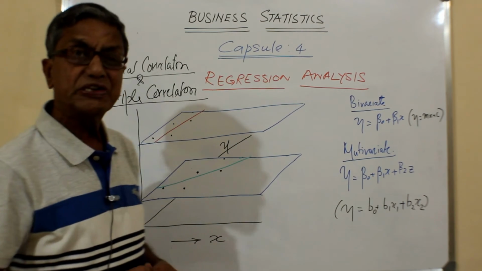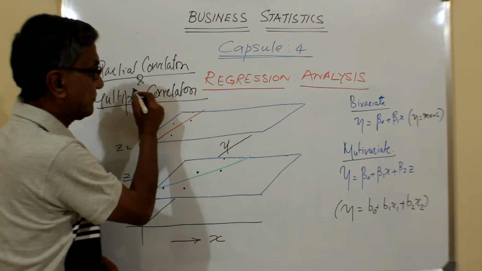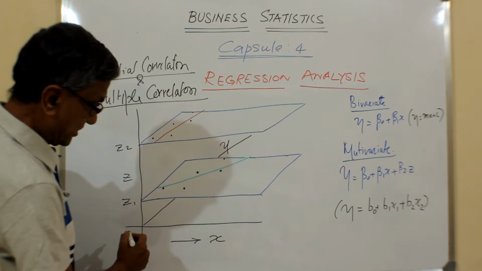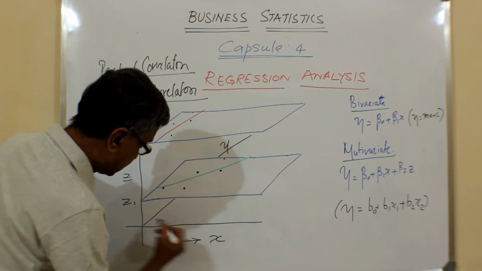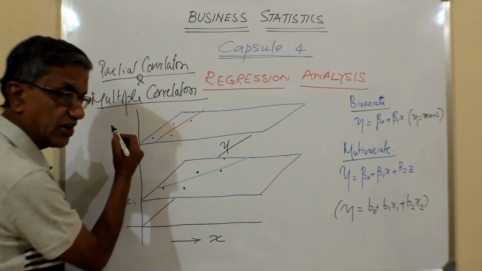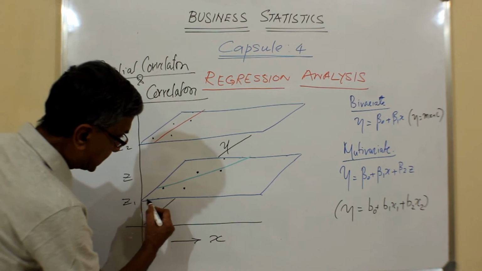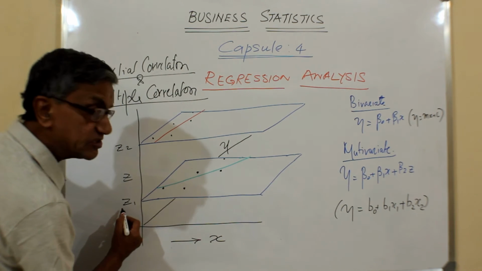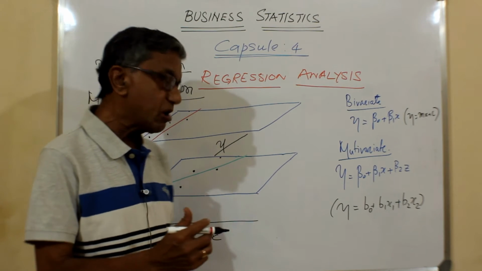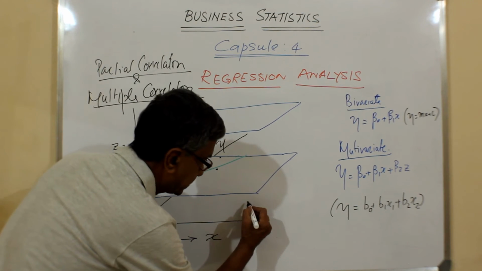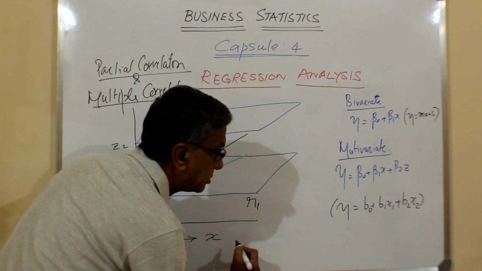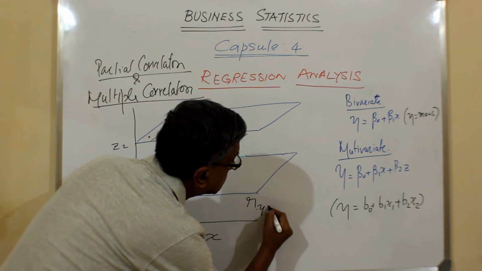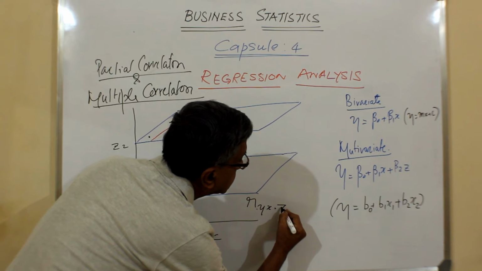How we represent the partial correlation coefficient when three variables are there is that you consider this as the x-axis, this as the y-axis and this as the z-axis. Then you consider this plane, which is the z-plane at a value z1. The partial correlation coefficient at this plane is given by r yx dot z1.